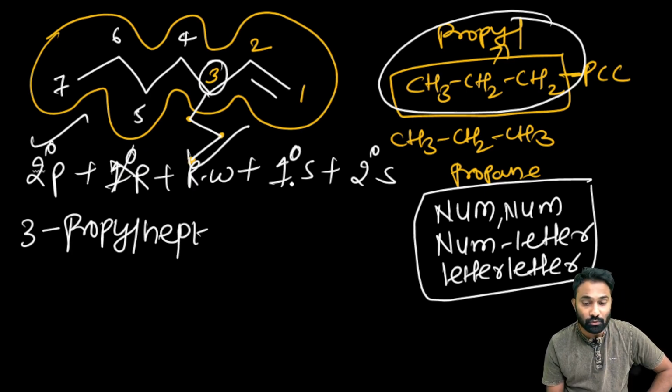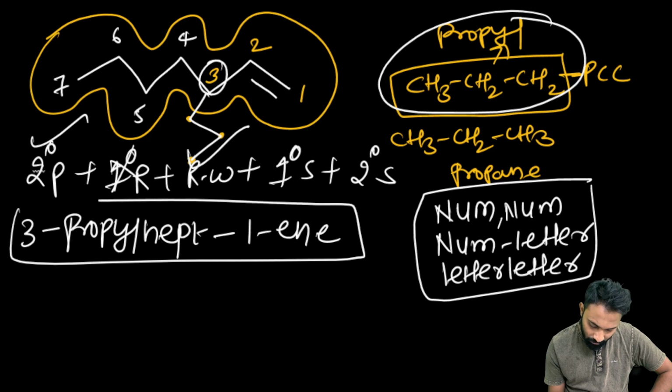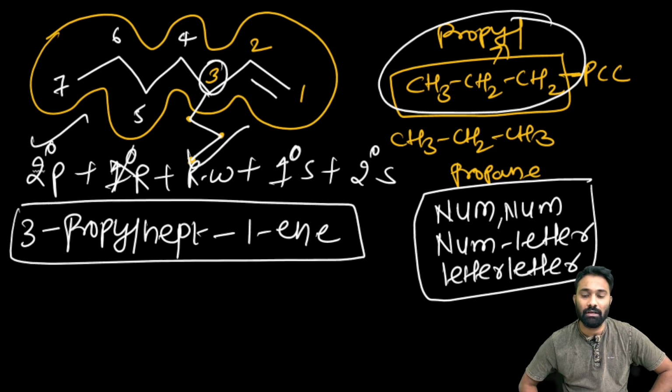Now next we have to represent either AN, EN or YN. This is EN, right? EN is present in which position? It is present in position 1. So 1-ene. Clear? Now this is 3-propylhex-1-ene. 3-propylhex-1-ene is the compound name. Done.